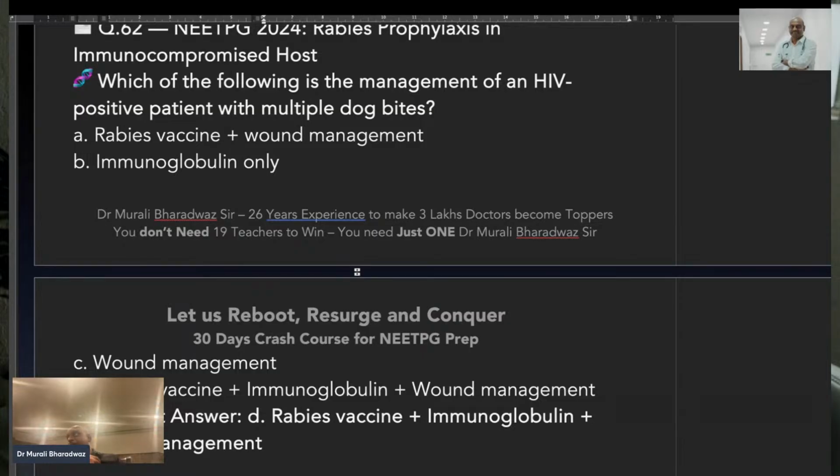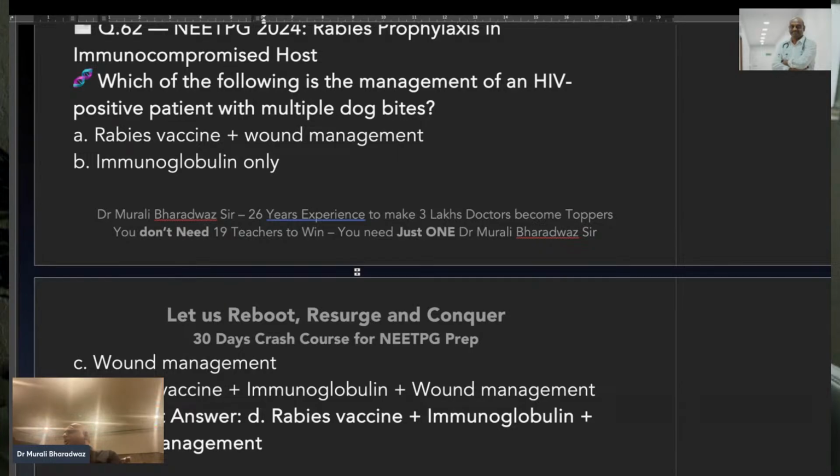Active immunity will create immunological memory, either from a killed vaccine or a live vaccine. Both lead to active immunity. Passive immunity is the one you get by administering immunoglobulin or toxoid. If you give immunoglobulin, it will go and block the organism.